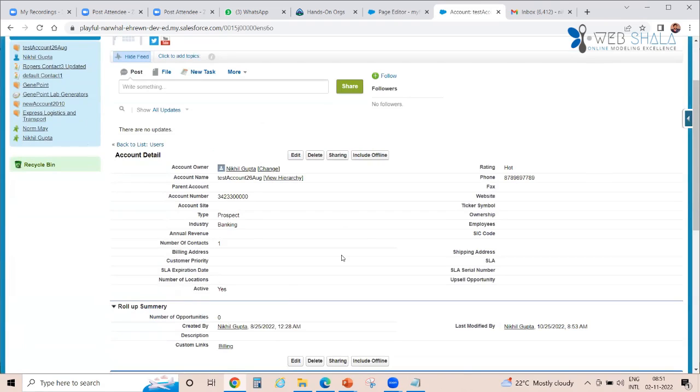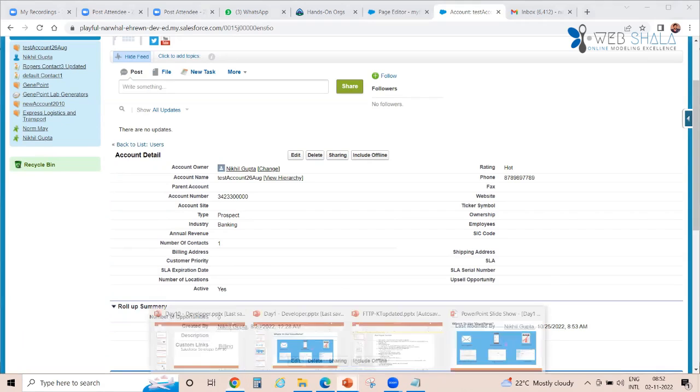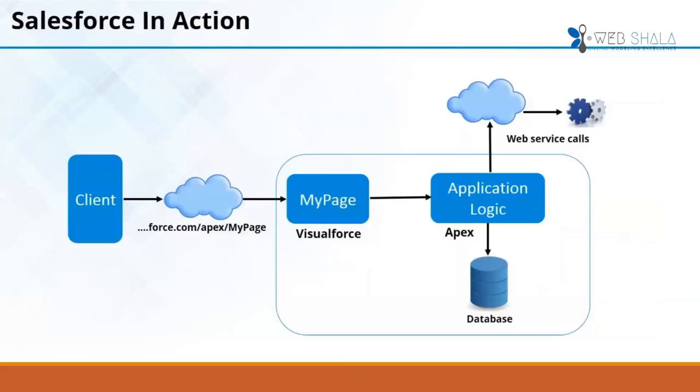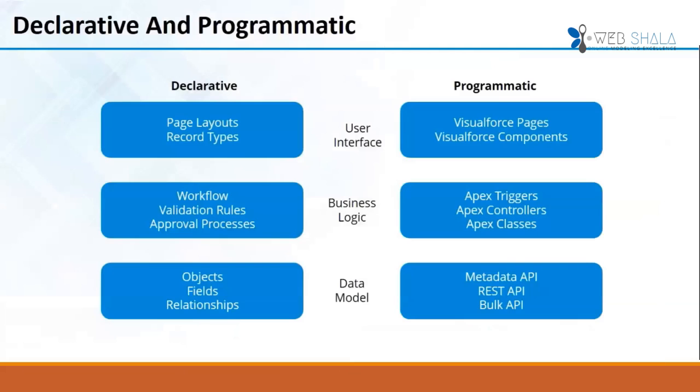Understood. Thank you. Actually, Nikhil, I have one doubt. We can change these details in the page layout also, right? In the object manager. So then why do we go for Visualforce for this page layout? I think yesterday you were present in the class. I explained declarative and programmatic ways.